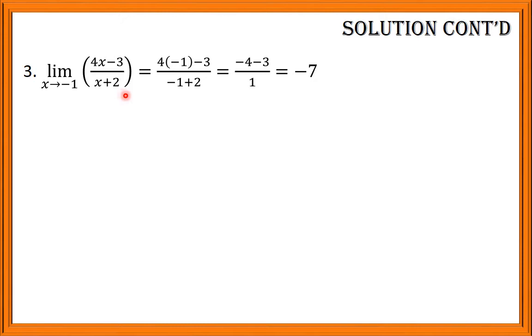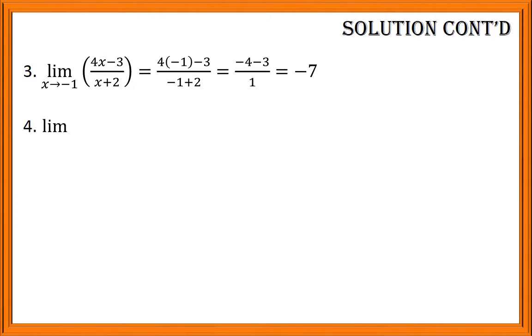So with this one, we can substitute the value of x. It needs no simplification. So substituting x to be -1, we'll have 4 times -1 minus 3 all over -1 plus 2, which is equal to -4 minus 3 all over 1. And this will be equal to -7 over 1, which is the same as -7.